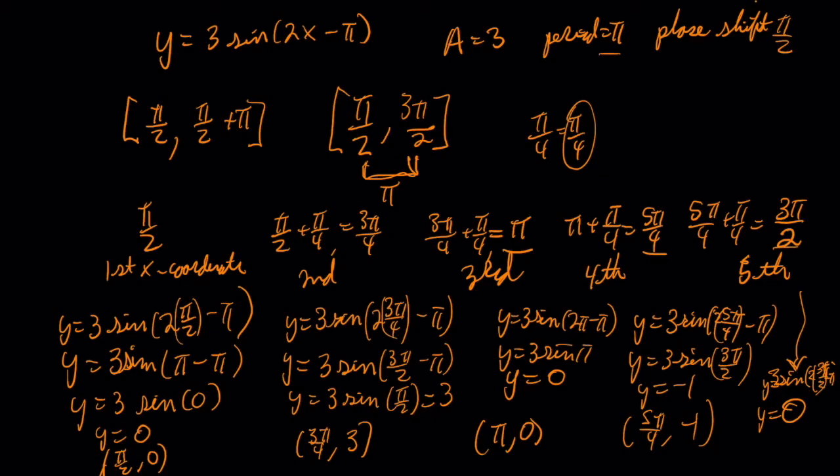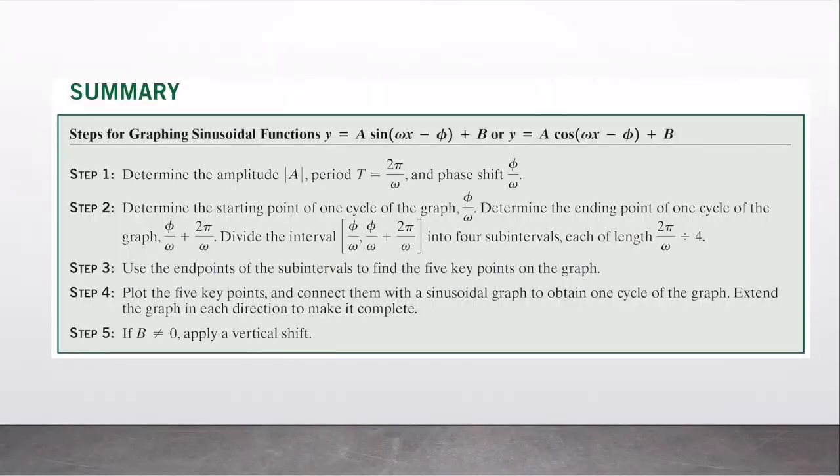But I do think it's really important for you to be able to visualize the graph transformations. So here are the steps for graphing sinusoidal functions, right? We find our amplitude, period, and phase shift. This is if you don't want to do it by doing the graphing. You define your interval between your phase shift and your phase shift plus your period.